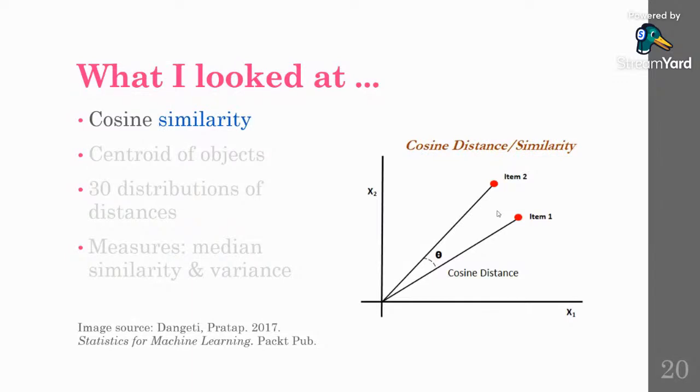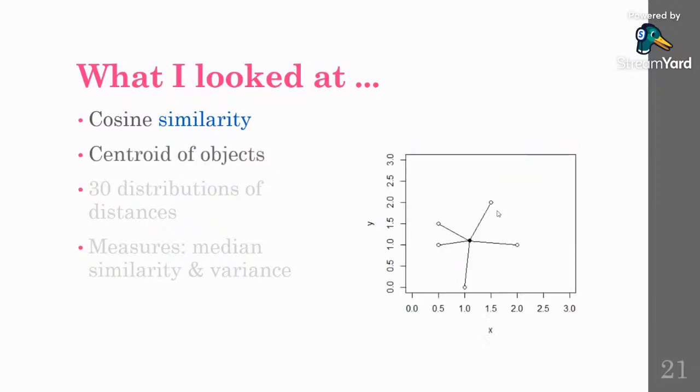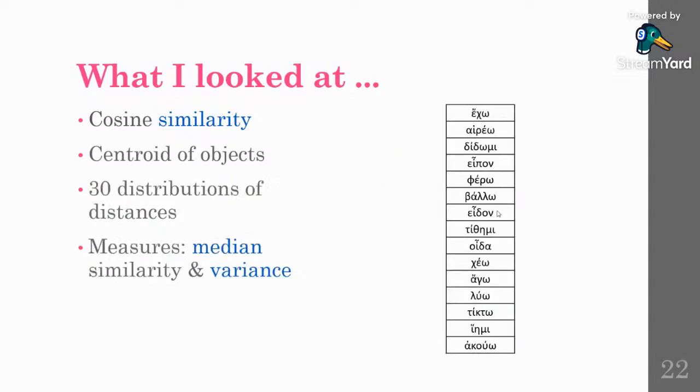So I have the distances between all of these words, and specifically what I want to figure out is the centroid, the center of this cluster of objects in the semantic space. And I will look at the median similarity and the variance of the various distributions of objects for all of these verbs that I've listed here.